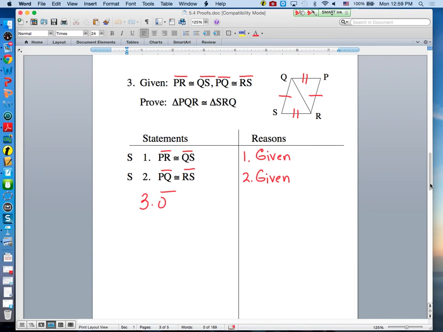Okay, segment QR is congruent to segment QR by the reflexive property. I'm going to put of congruence while I'm thinking about it. Mark it on the picture. Now what?